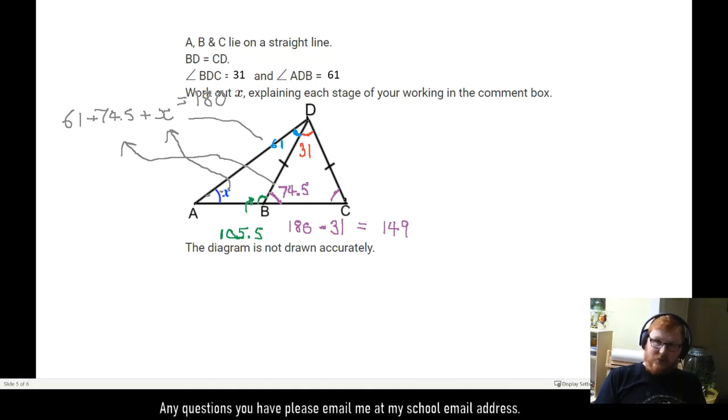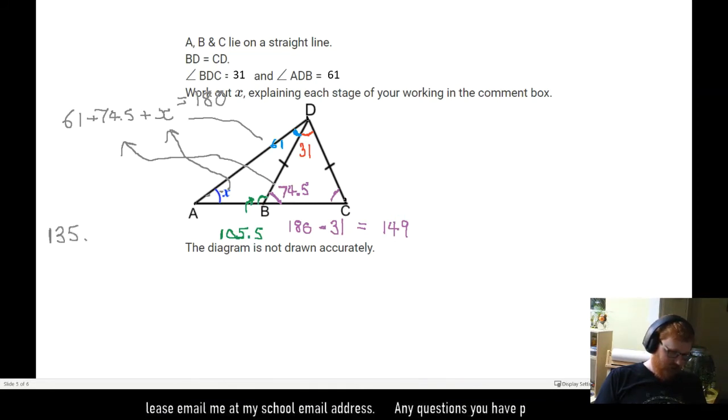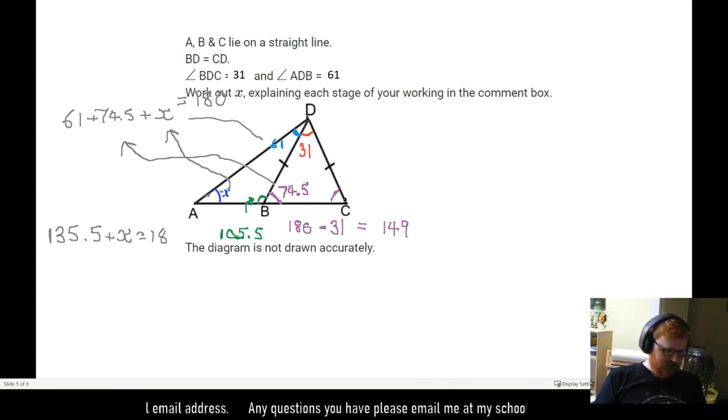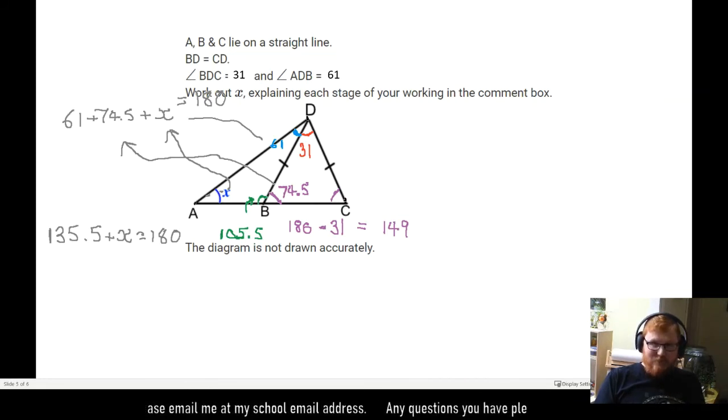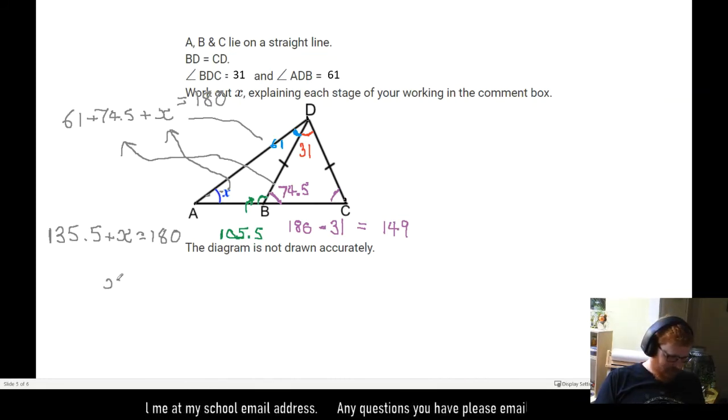So 61 add 74.5 is 135.5, and that added to x is 180. So what do I need to add to 135.5 to get to 180? I need to add 44.5. So x is 44.5.